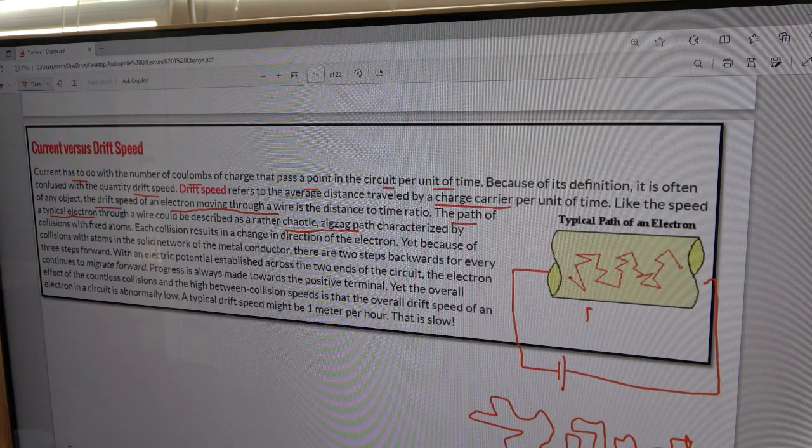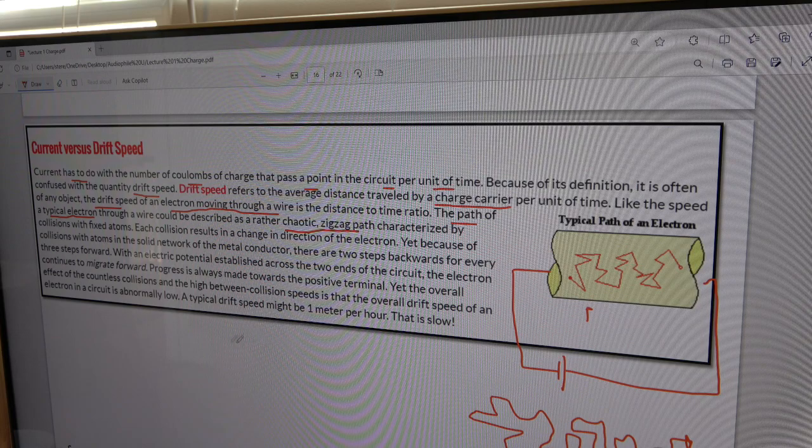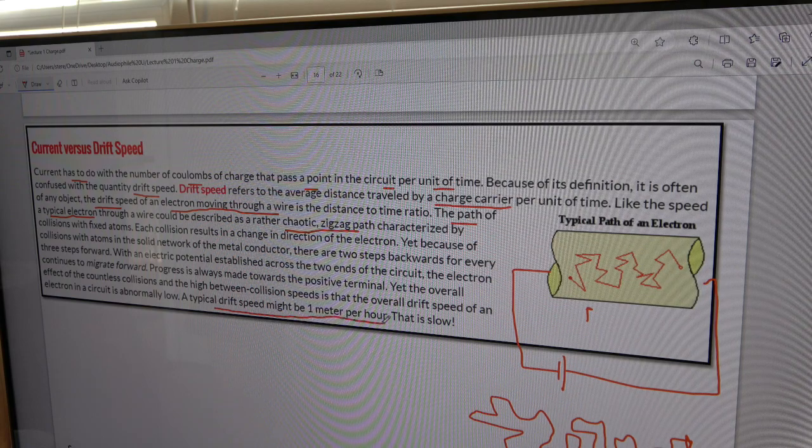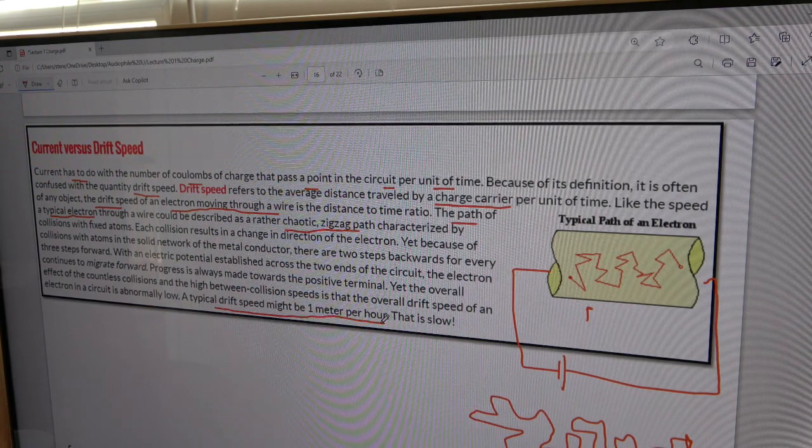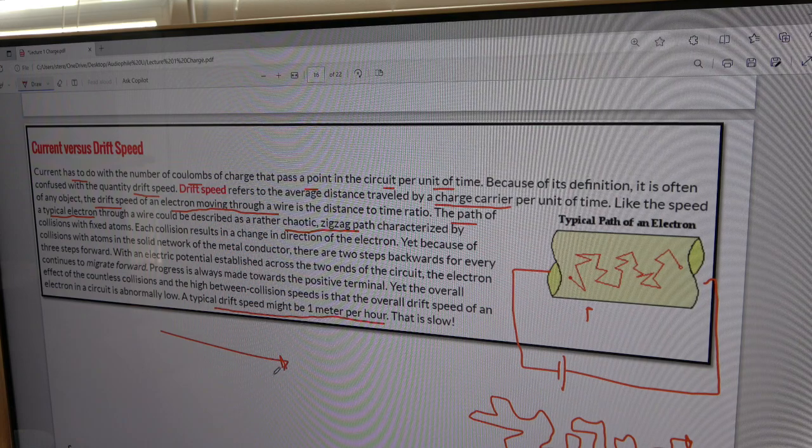But it's not traveling at the speed of light. Okay? That one electron, in fact, the typical drift speed might be 1 meter per hour. That's slow. So you can't think of electrons as just traveling in a straight line through a wire at or near the speed of light, and that's what current is. If you want to think of electrons, here's a second electron, right?